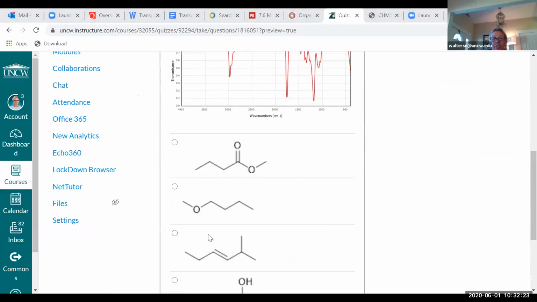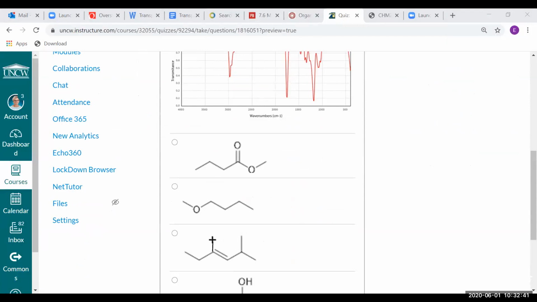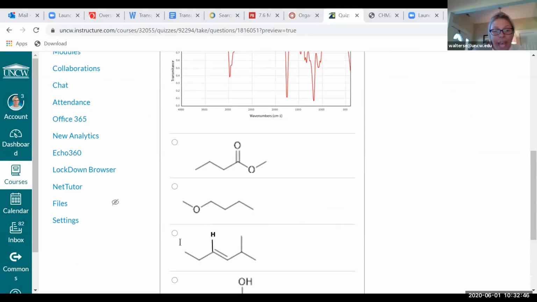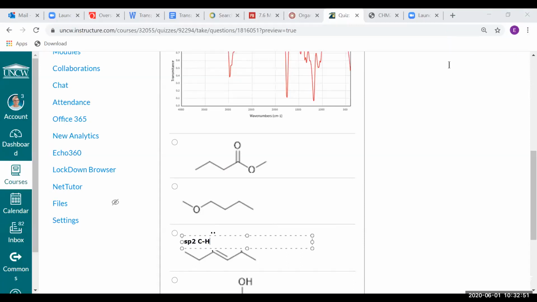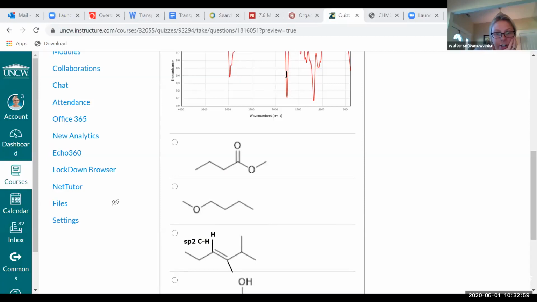And the other thing to consider is that not only on this compound do you have a carbon-carbon double bond stretch, but you have two hydrogens here. So you would have to have an sp2 carbon to hydrogen stretch for that hydrogen and this hydrogen here.